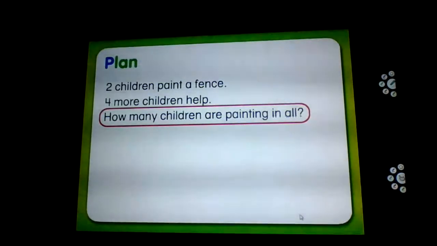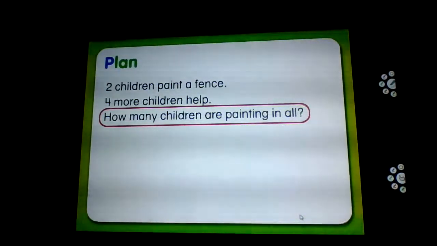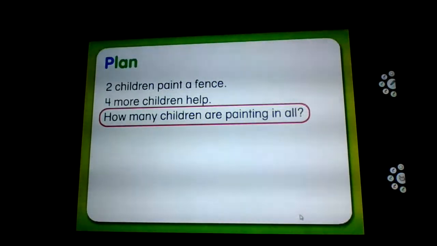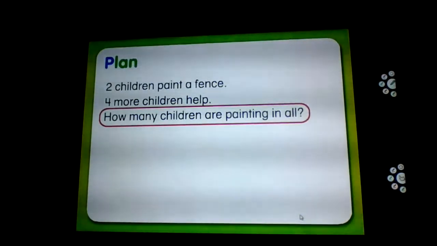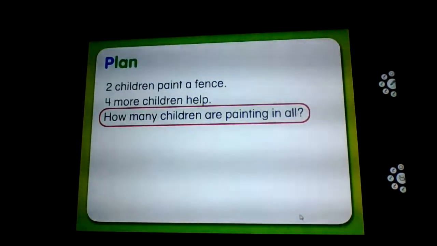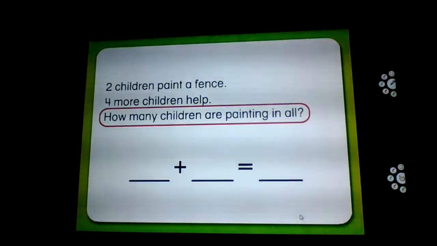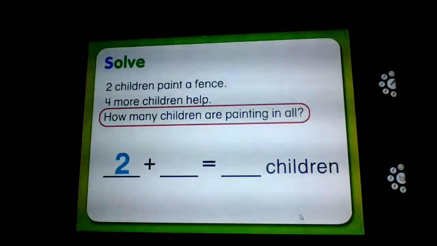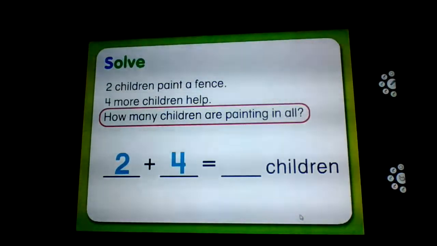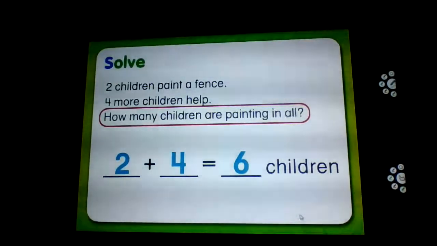Now we need to choose a plan to solve the problem. Think about a good plan that can help solve this problem. The question asks us to find the total number of children. So, we can use an addition number sentence. Now, it's time to solve the problem. 2 children plus 4 more children equals 6 children.